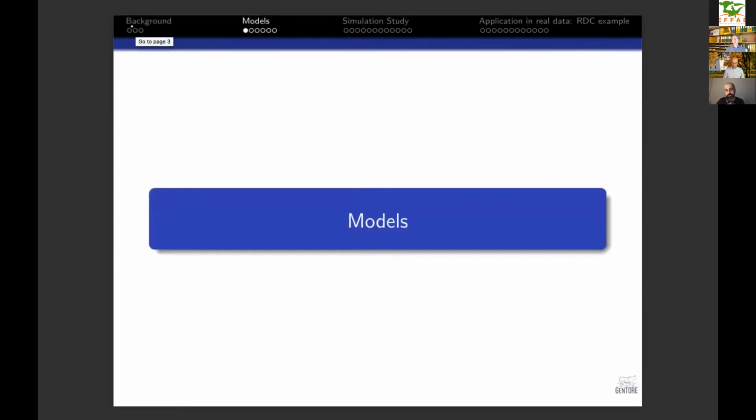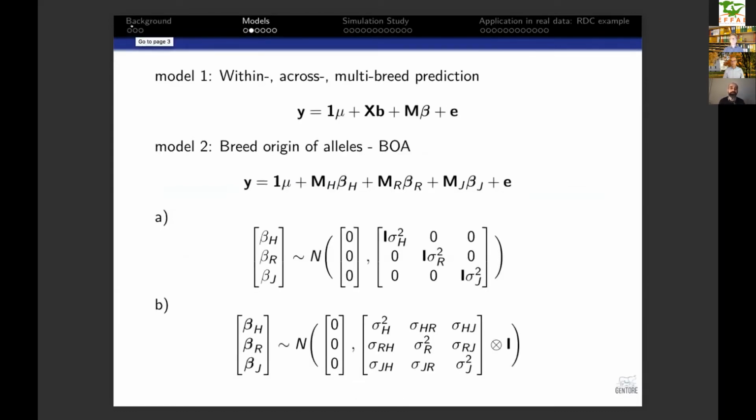So I will just move to the models before I give details about the studies we've done. For within-cross and multi-breed prediction, we can consider this simple linear model where XB stands for the breed proportion part. This is basically very similar to simply using breed proportions in a standard linear model.